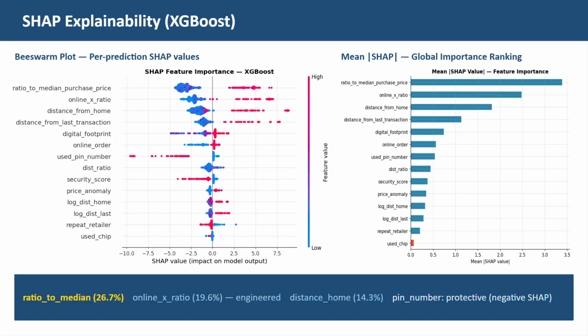And also the online transaction together with the ratio becomes the second most important. The third one is distance from home. And as for the PIN number, it can have a negative SHAP value, which means it can decrease the chance of fraud happening.